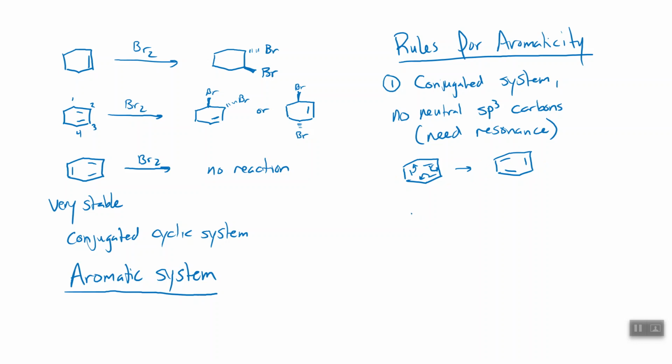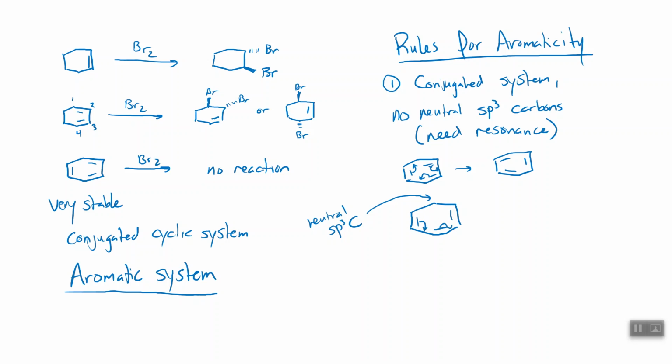If we try to draw a 7-membered ring, right, now we have this neutral sp3 carbon. A carbon that doesn't have any double bond character, it doesn't have any charge, and so it can't participate in resonance. And so we can't draw a resonance form where we move these pi bonds around, because if I tried, I would move this pi bond here, I move this pi bond here.